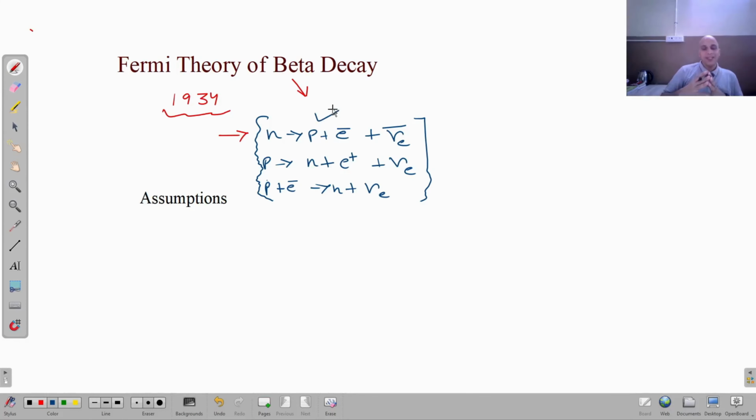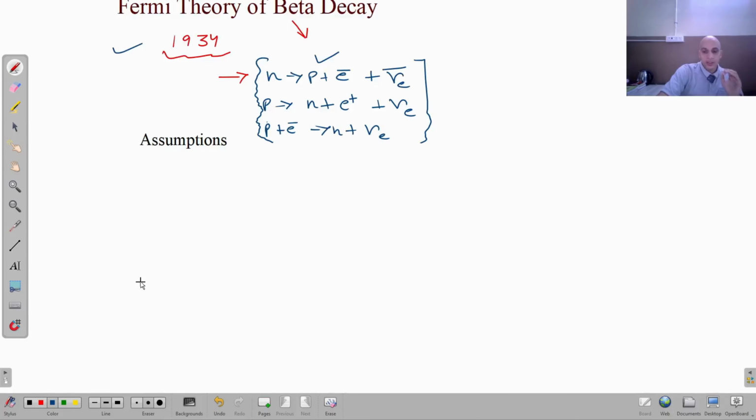Till 1934, we did not have any suitable theory that could account for this nuclear reaction, right? So Fermi was the first person who explained this reaction. For explaining it, he made certain assumptions. I am coming to all of them one by one.